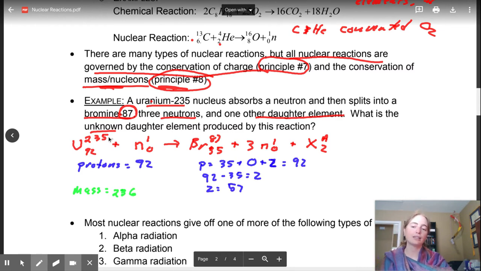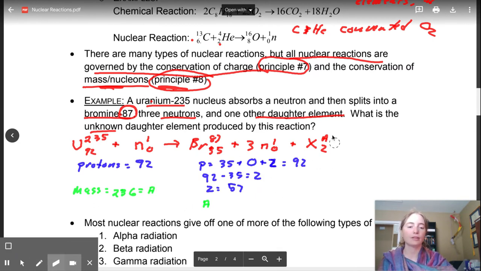So what that tells us is we need to have a total number for our A value over here. We're trying to find our total A, this guy right up there. It has to be a total sum of 236. Well, 236, we've got 87.